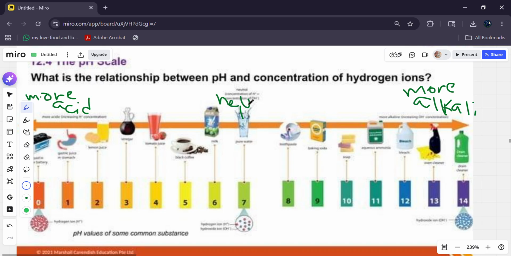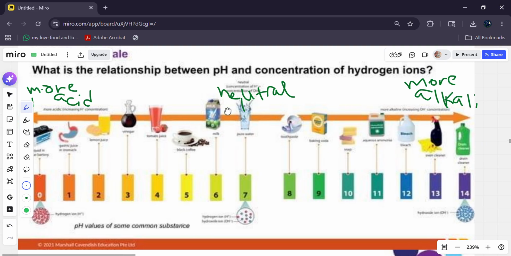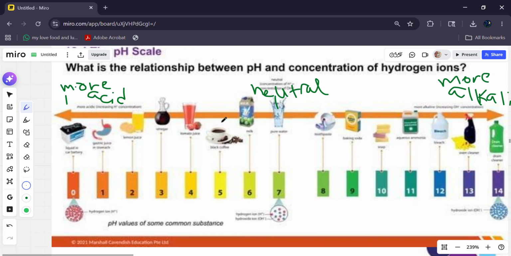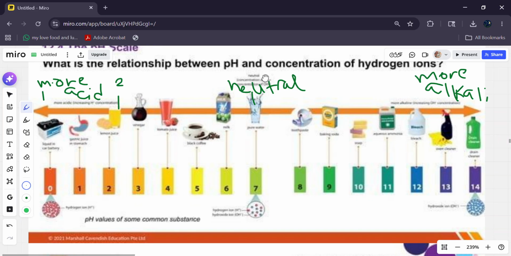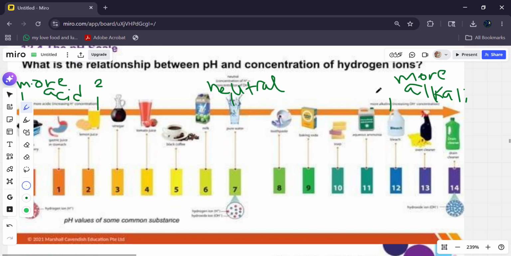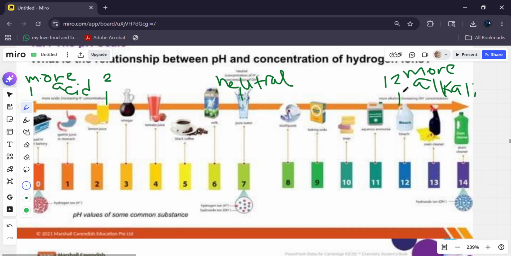Now, if you haven't figured it out yet, this pH scale explains how acidic or alkaline a solution can be. Meaning that if a solution has a pH of 2, we say that solution is acidic. And if the solution has a pH of 12, we say that it's alkaline.